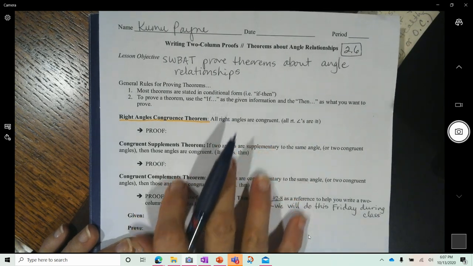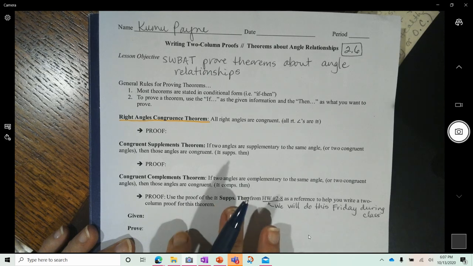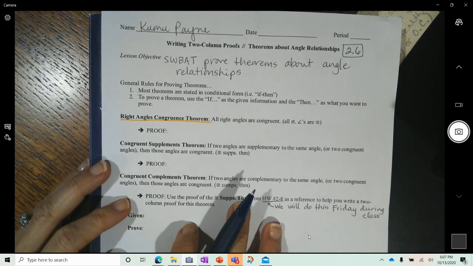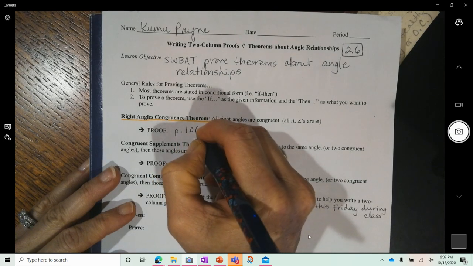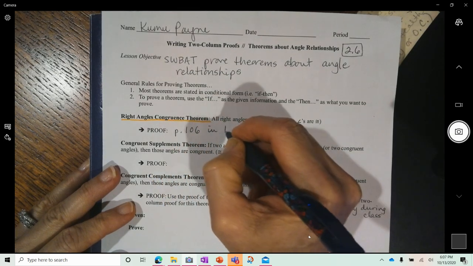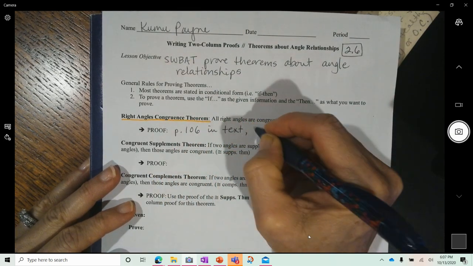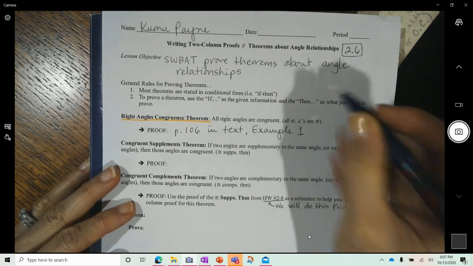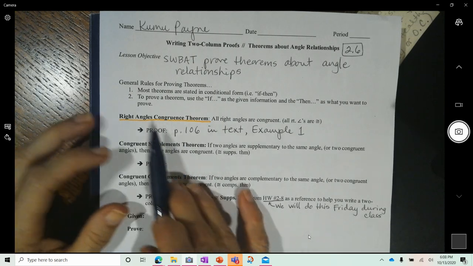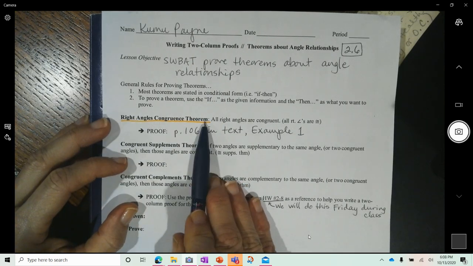Now, I'm actually not going to do the proof in here because it's in your book and I'd like you to look at it on your own. It's on page 106 in the text. It is the very first example. But it's almost an obvious one, right? All right angles are congruent. That's actually a theorem that we can use.